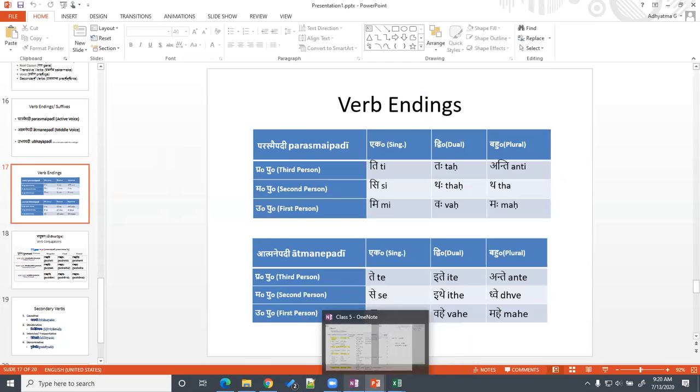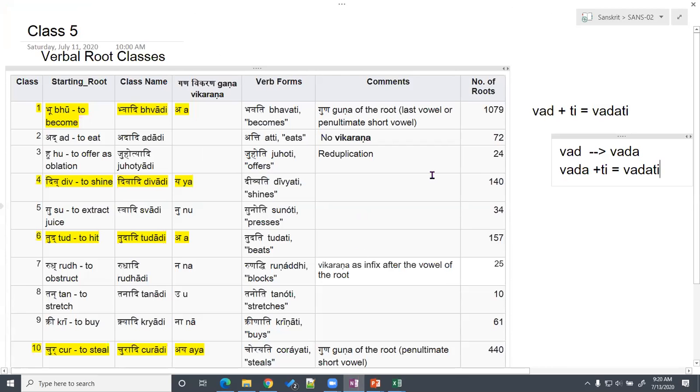So we discussed these things in the last time. What we did not discuss is how do you make a stem from a root? How does Vad become Vada?